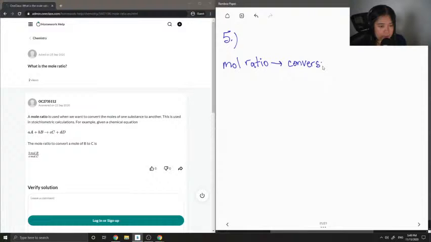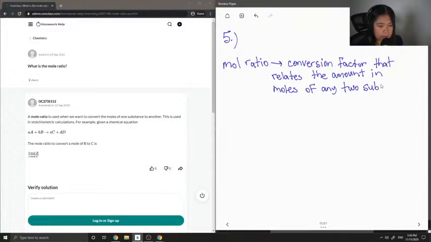Basically, it is a conversion factor that relates the amount in moles of any two substances in a chemical reaction.